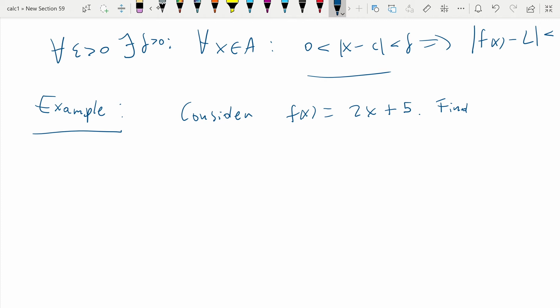So find the limit as x approaches a given point c. This function is defined everywhere and is continuous everywhere. So what do you think this will be equal to?